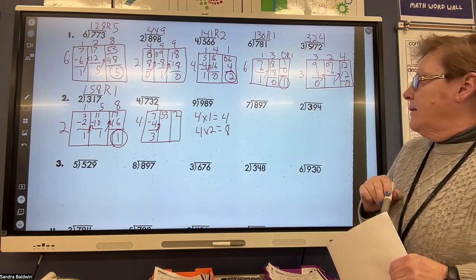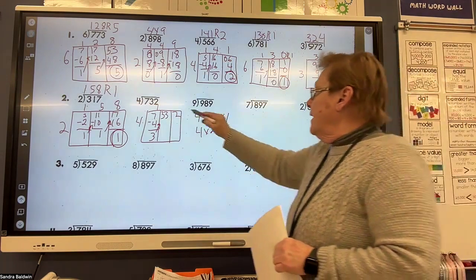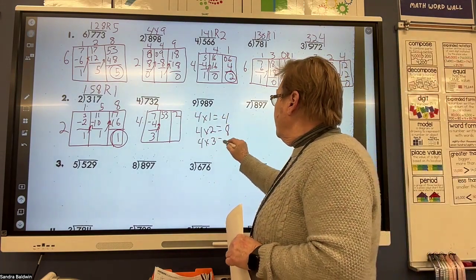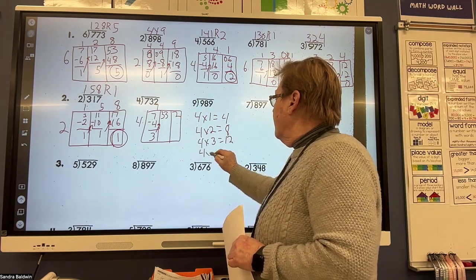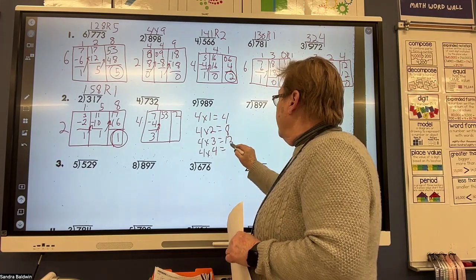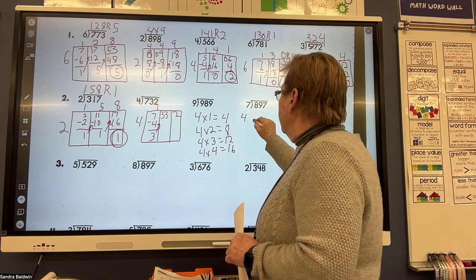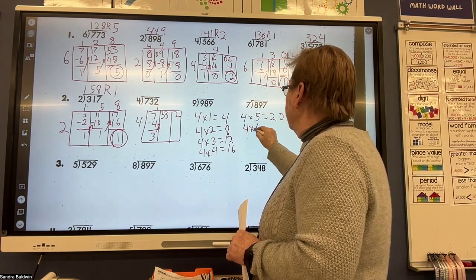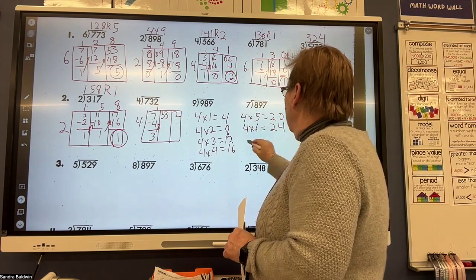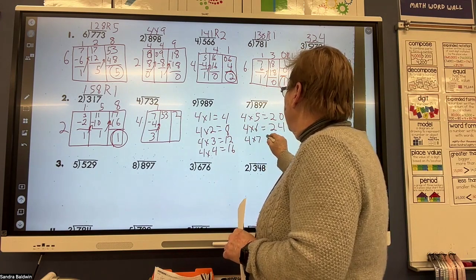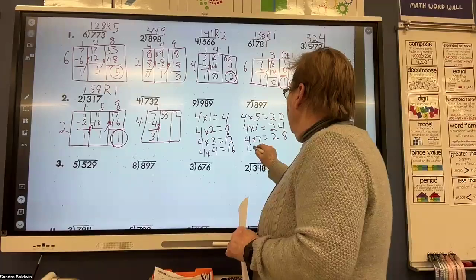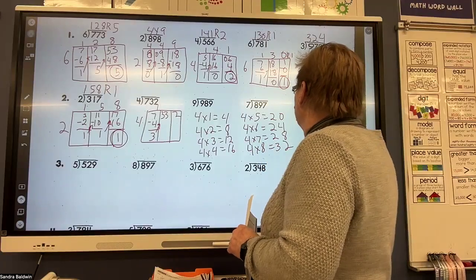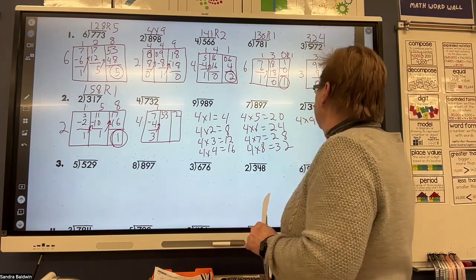All right, I got to see how many groups of 4 I can make in the number 33. 4 times 3 equals 12. 4 times 4 equals 16. 4 times 5 equals 20. 4 times 6 equals 24. 4 times 7 equals 28. 4 times 8 equals 32. 4 times 9 equals 36.